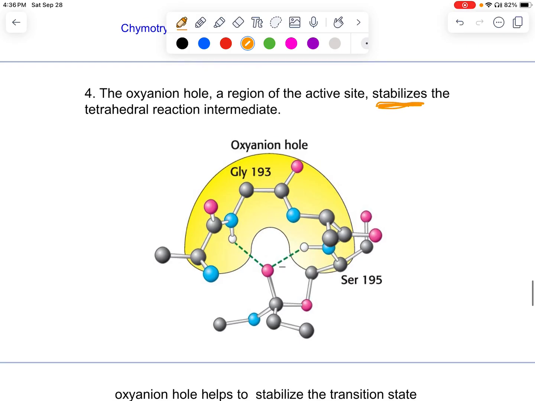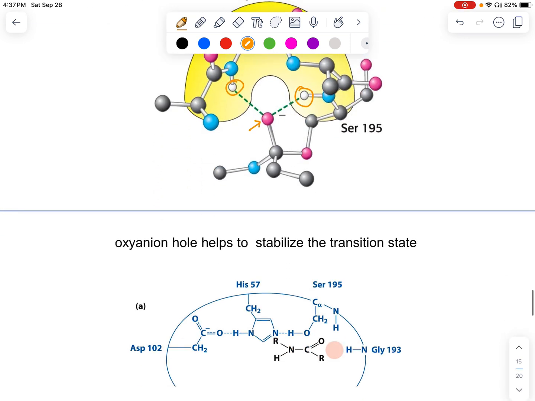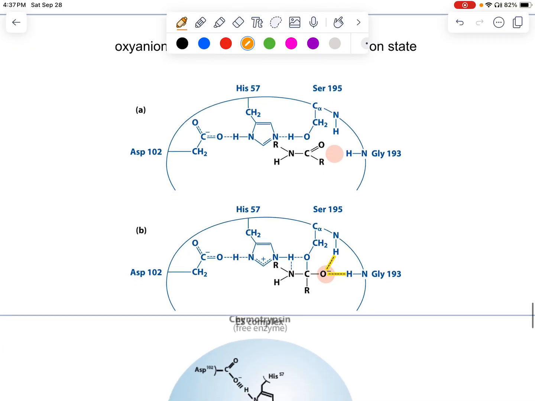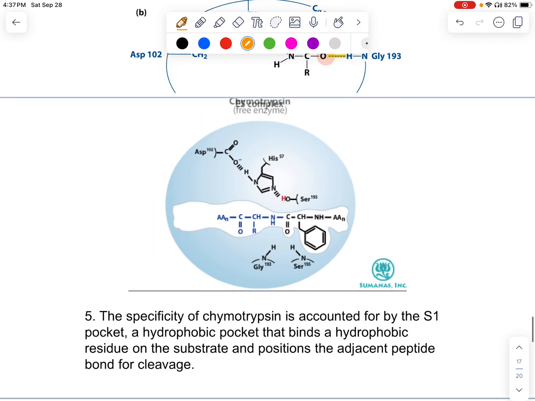You can see here we have our oxyanion. We've got the hydrogen here and the hydrogen here from these other residues that were not part of our triad but are just separate residues, and those are stabilizing that. This is just another picture of that if it helps you to take a look at it. If it's confusing, skip it.